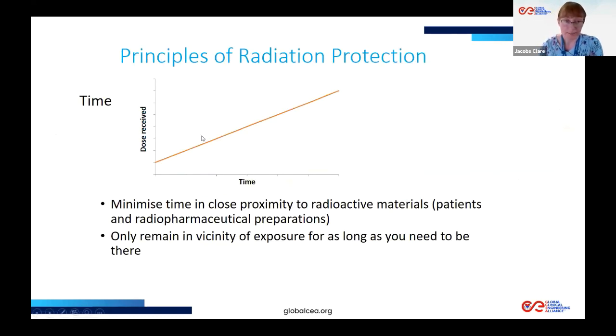So going back to the principles of radiation protection, in terms of time, the dose received is proportional to the time that we're in proximity to it. So make sure you're only in the vicinity of the exposure for as long as you need to be there.